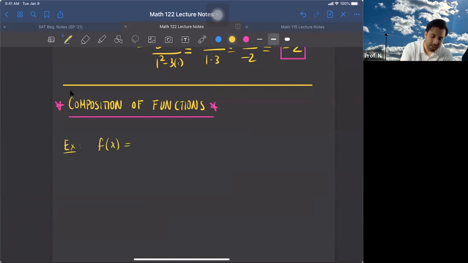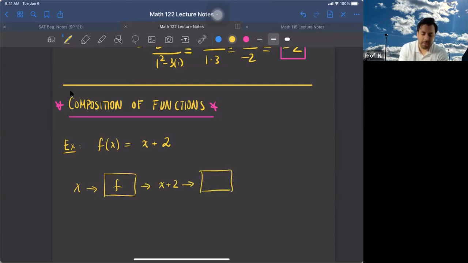So a really simple example of this: let's say I have a function like x plus 2. My function goes from x into a function called f, and the result is x plus 2. But then, can't I just apply this again to the same function? What does the function do?